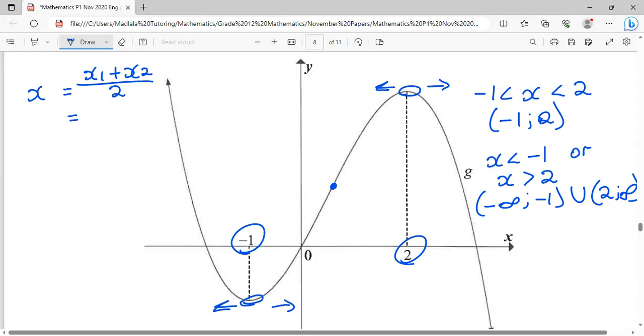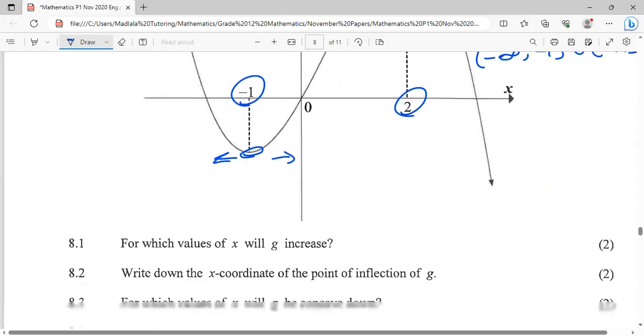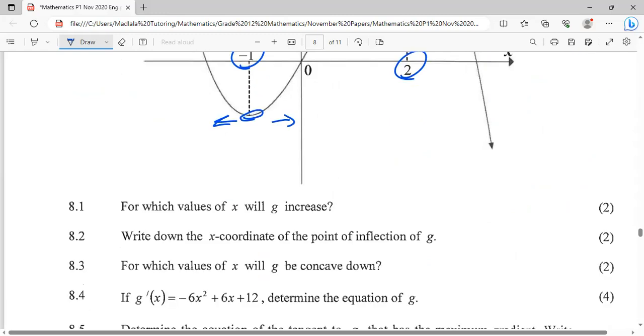So you'll say the first x-coordinate is -1, and then you add this to 2, then you divide the result by 2. So this means the x-coordinate of the point of inflection is just going to be +½ like that. So that's the concept for this one. And then you are set. It's the midpoint of your two x-coordinates of the stationary points or the turning points if you prefer.